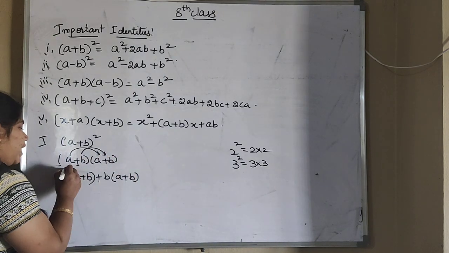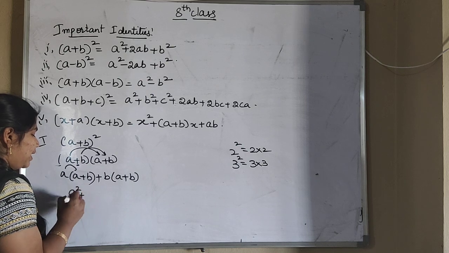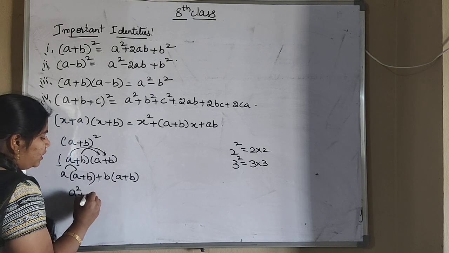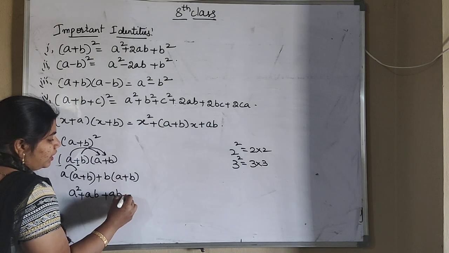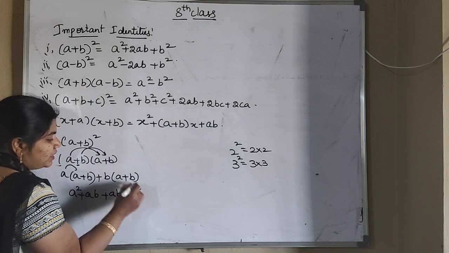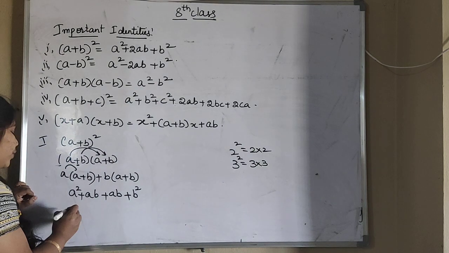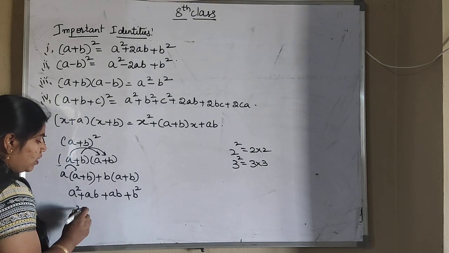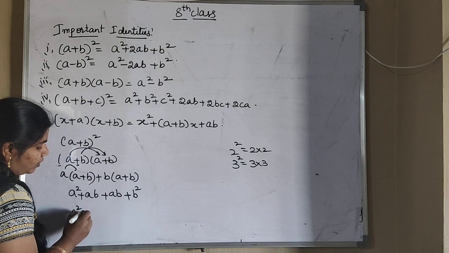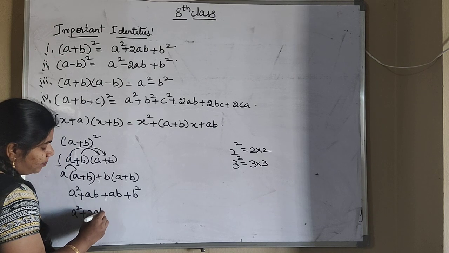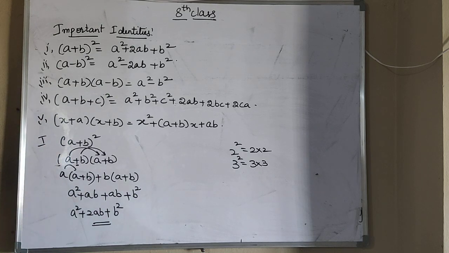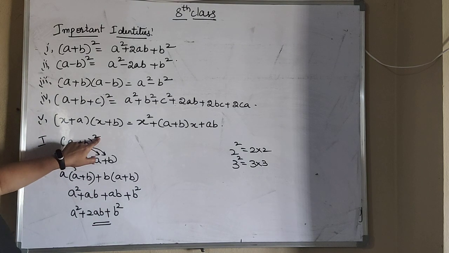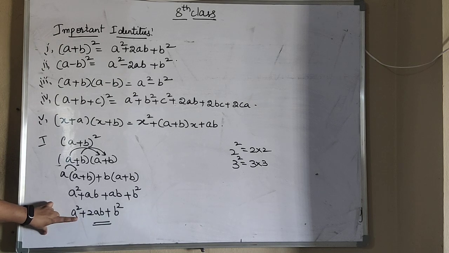Now a into a is a square, plus a into b is ab, plus b into a is ab, plus b into b is b square. Now a square is only one term. Now ab plus ab will be 2ab, plus b square is also alone. So how you got this identity? (a plus b) whole square is equal to a square plus 2ab plus b square.